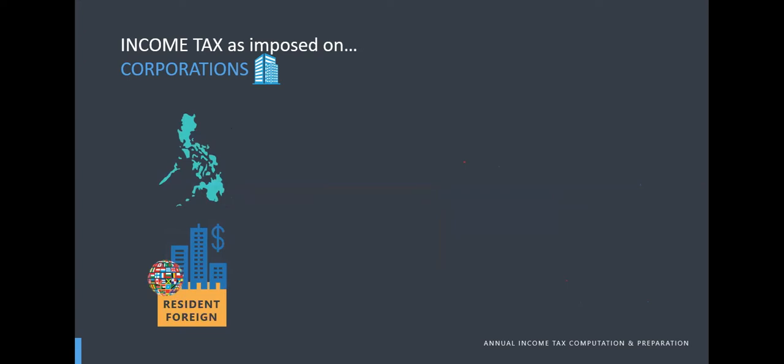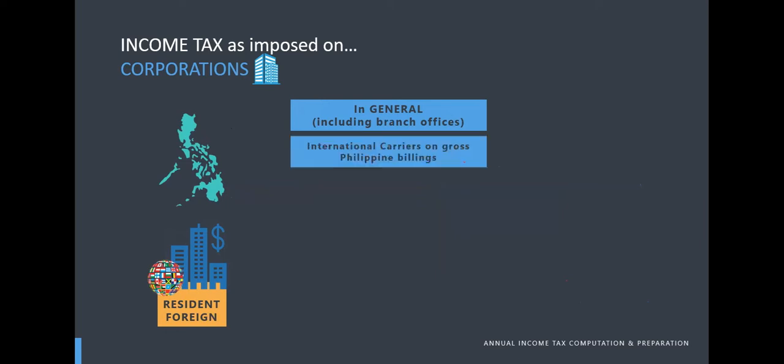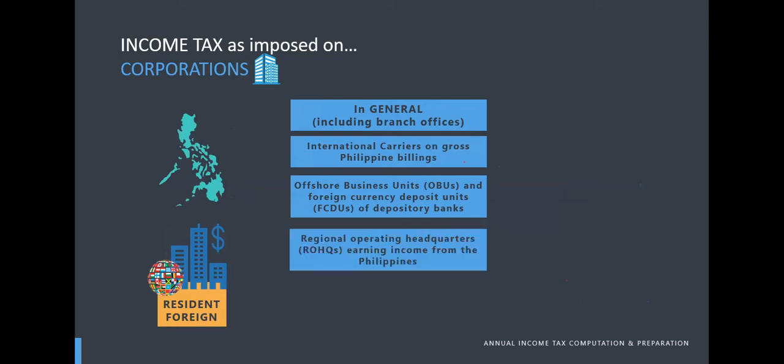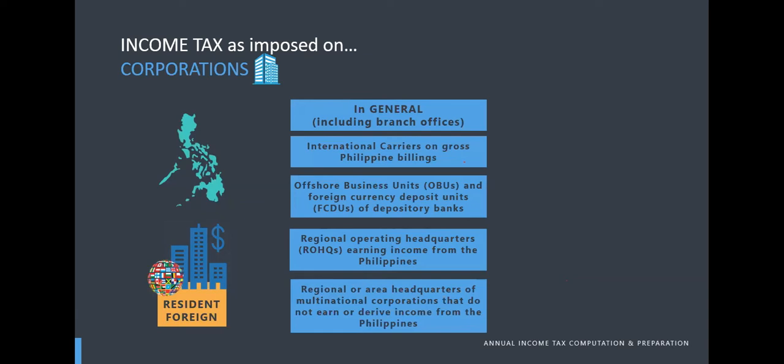Resident foreign corporations. So any resident foreign corporation includes branch offices, international carriers on gross Philippine billings, offshore business units and foreign currency deposit units of depository banks, regional operating headquarters earning income from the Philippines, and regional or area headquarters of multinational corporations that do not earn or derive income from the Philippines.